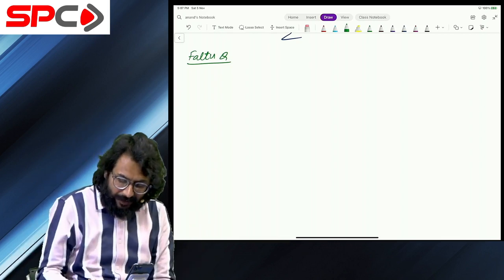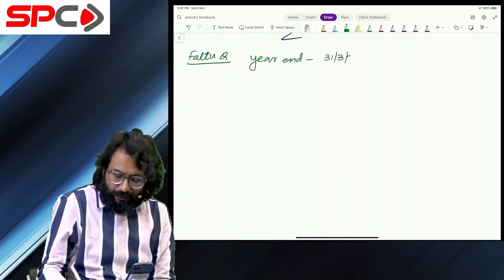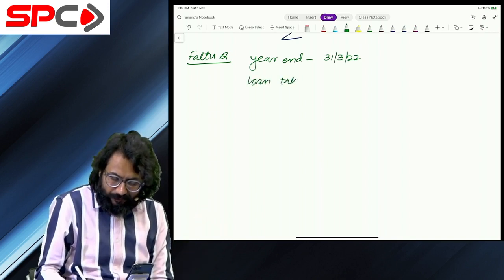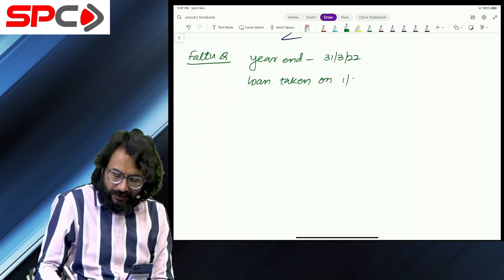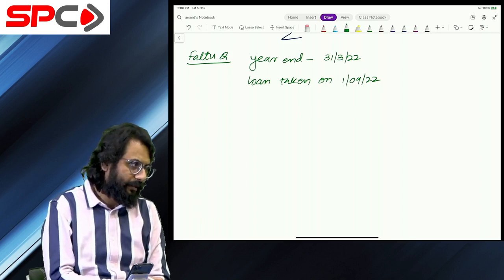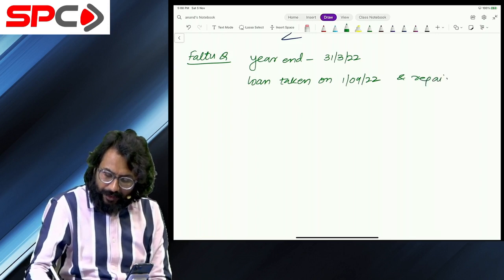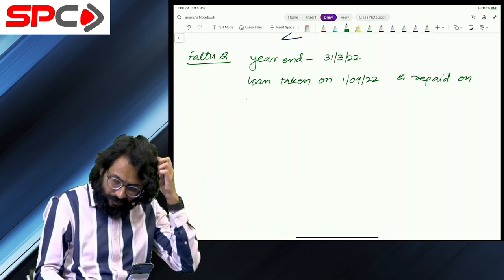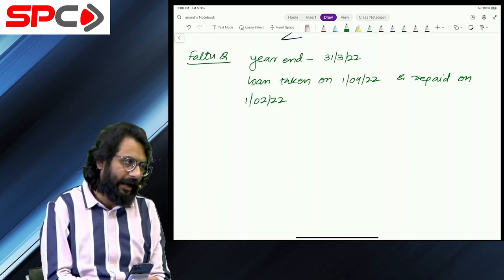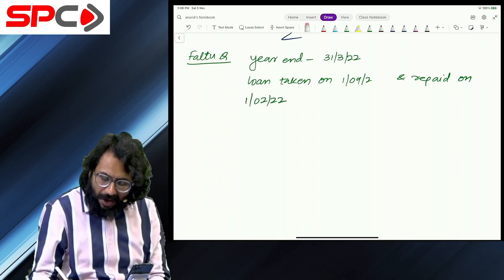Are we ready? I am writing down year end, 31st March 2022. Everyone has understood this? Then loan taken on 1st September 2022 and repaid on 1st February.